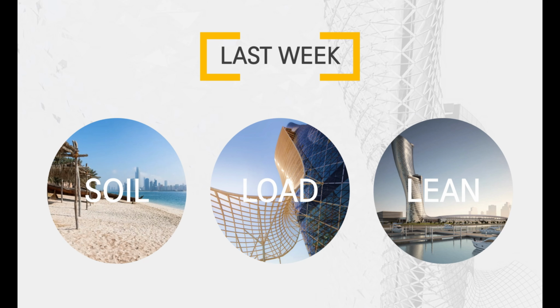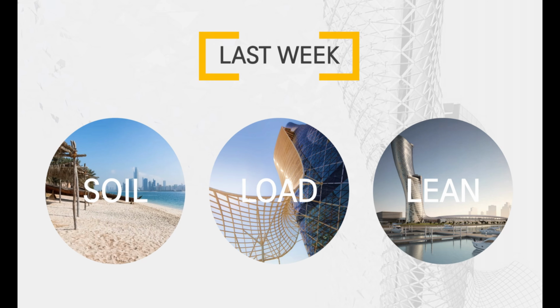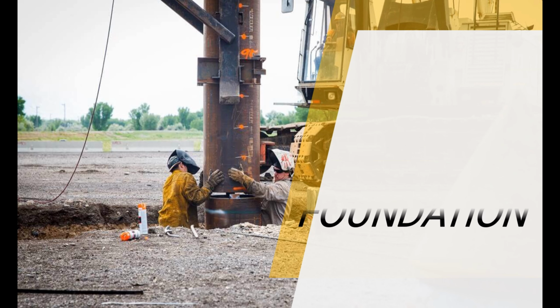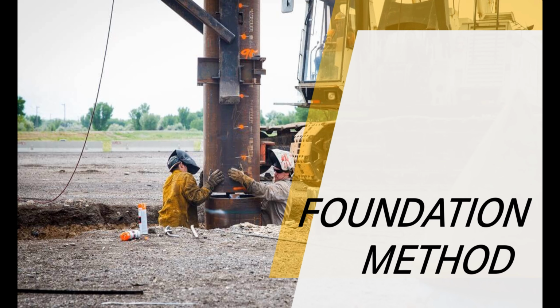Now, why would these 3 be the key points of this week's presentation? What would these factors affect most during the construction process? Some of you may have already noticed our topic for today. This week, we will talk about the foundation of the building.